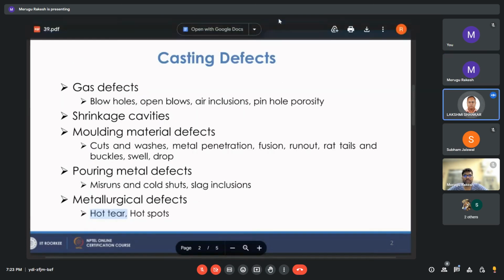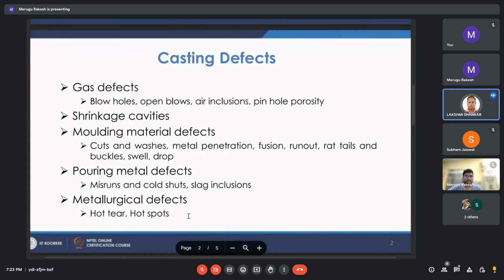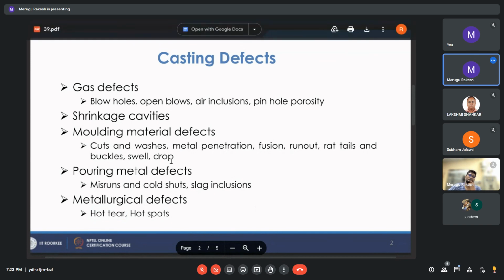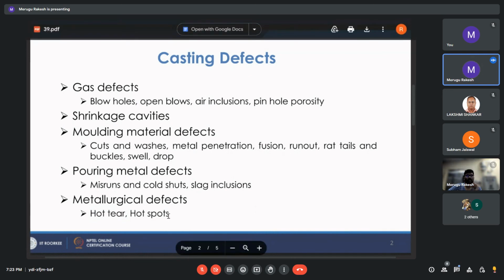Sir, what is the difference between hot spots and shrinkage cavities? Okay.